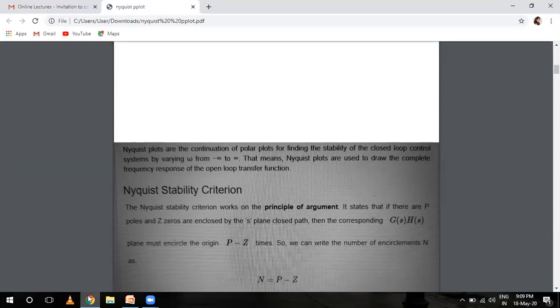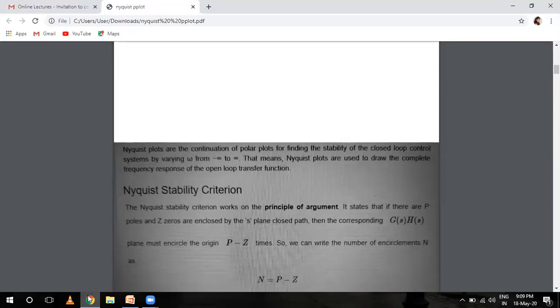Last lecture we discussed the polar plot. In a polar plot, I find the magnitude and phase of G(j omega) by putting s equals j omega and varying omega from 0 to infinity.